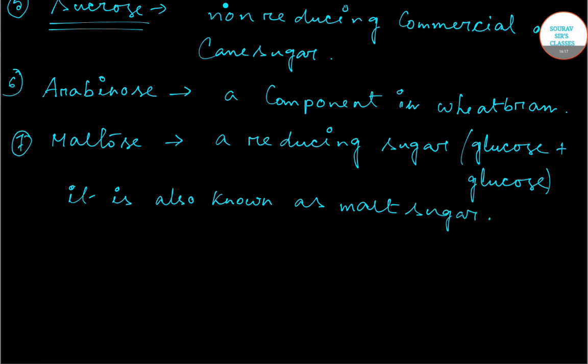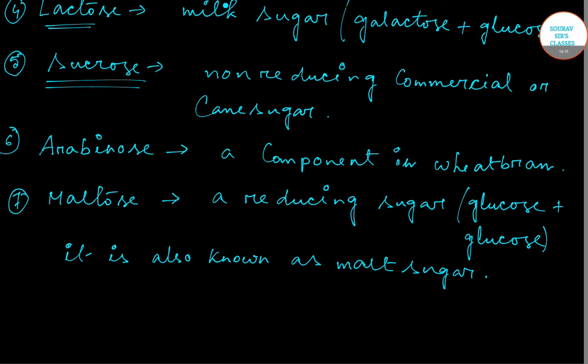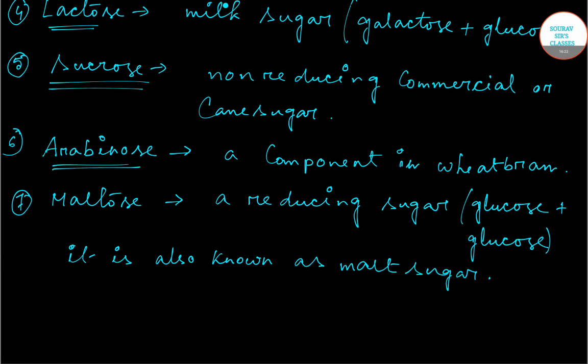Remember, here I mentioned that sucrose is a non-reducing commercial sugar and maltose is a reducing sugar. They are very confusing, so take it very carefully.